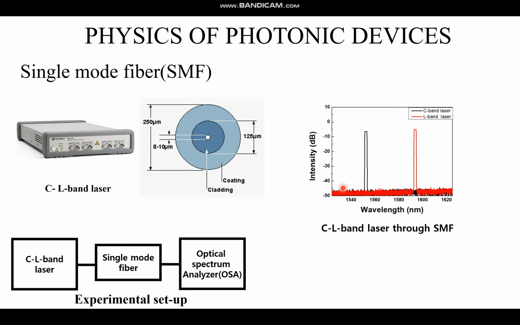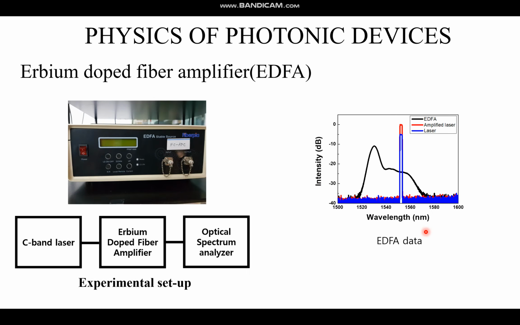And this is the wavelength domain and intensity domain, so we can analyze the intensity in the wavelength domain. And I am going to show you the erbium doped fiber amplifier, where the C band laser comes into the erbium doped fiber amplifier, and we analyze it with the OSA. So this is the experimental setup.